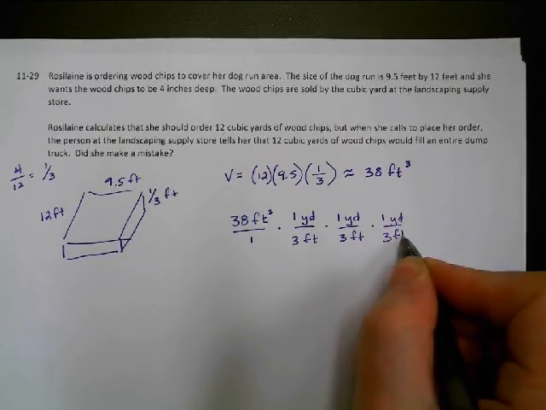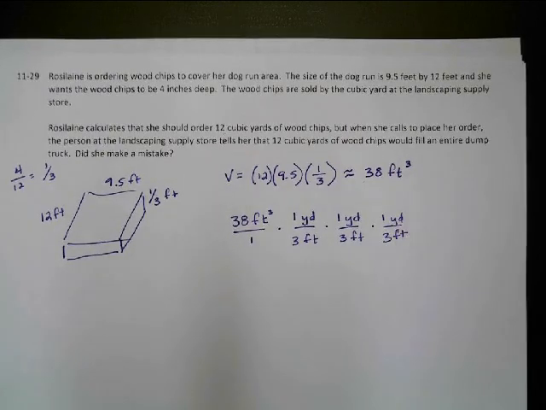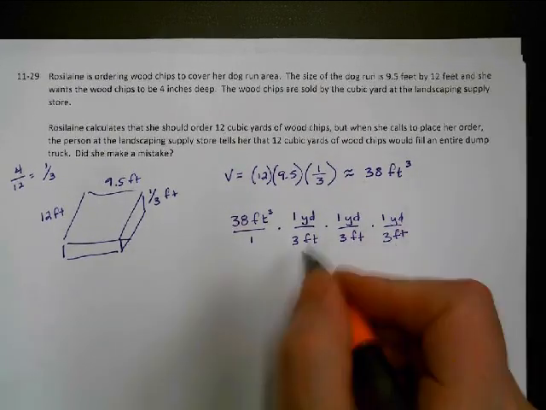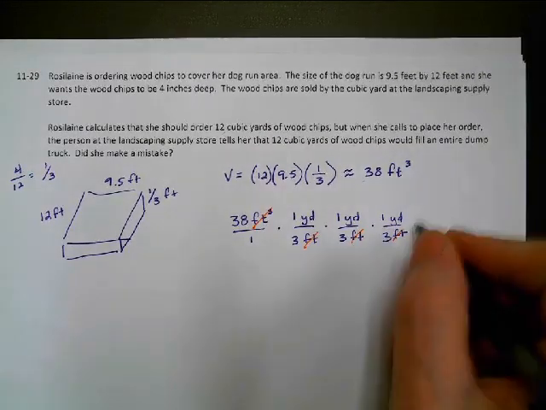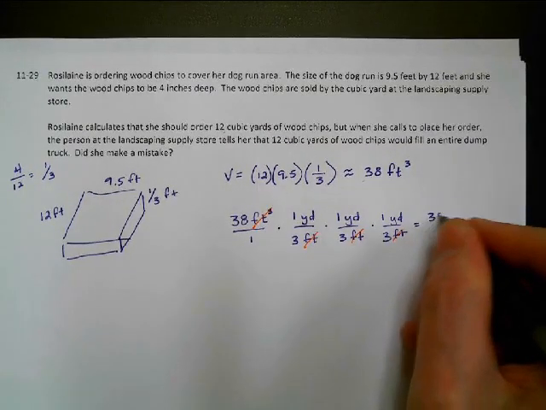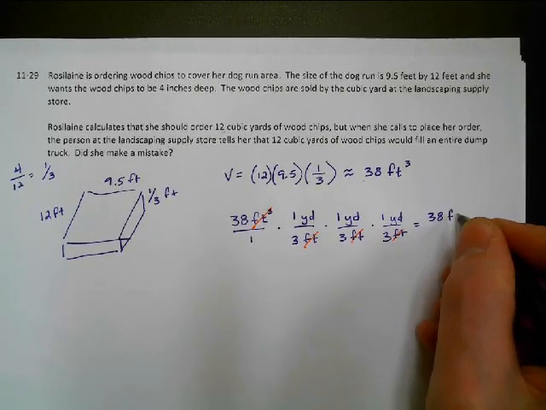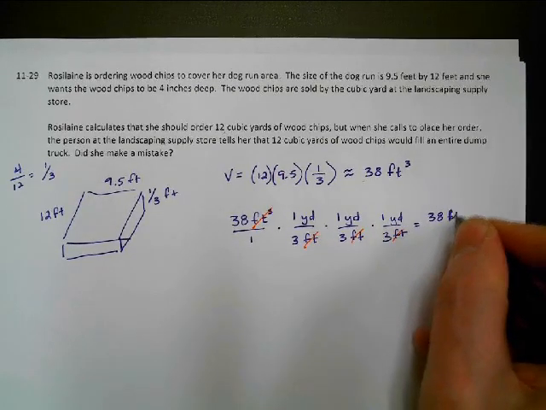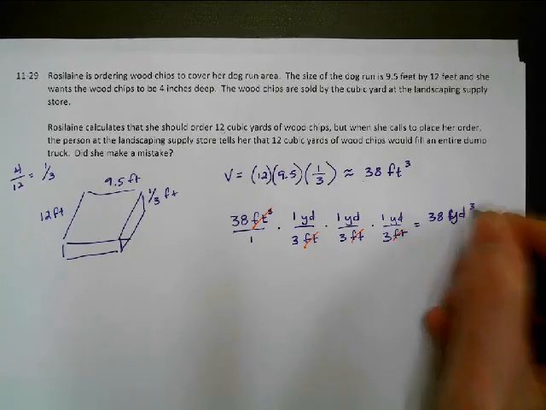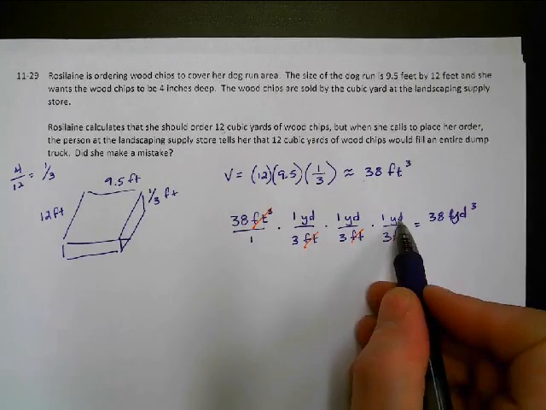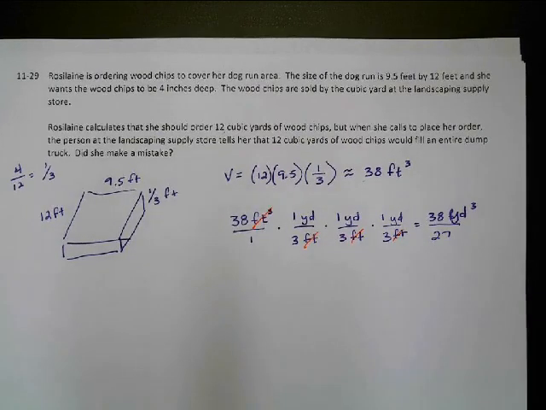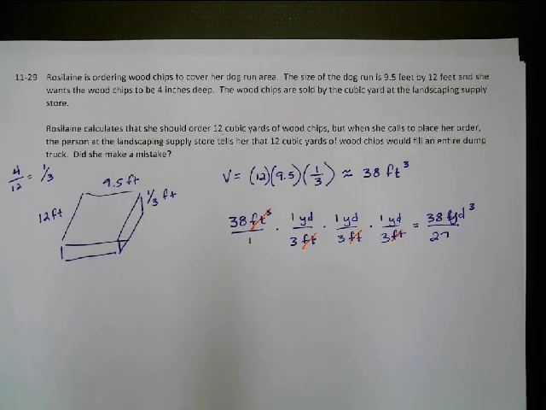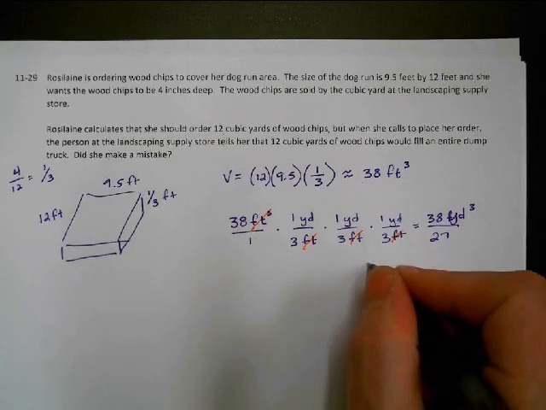Now, feet times feet times feet, that's feet to the third power, that reduces it. And we end up with 38 yards cubed, because yards times yards times yards, over 3 times 3 times 3 is 27. So 38 divided by 27 comes out to she only needed 1.4 cubic yards.